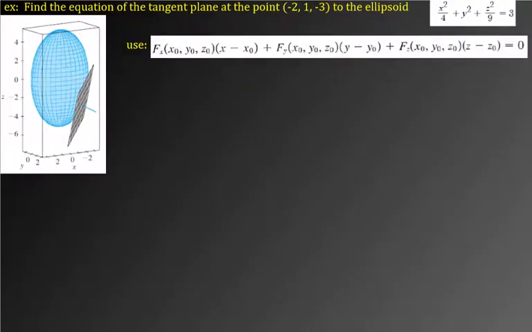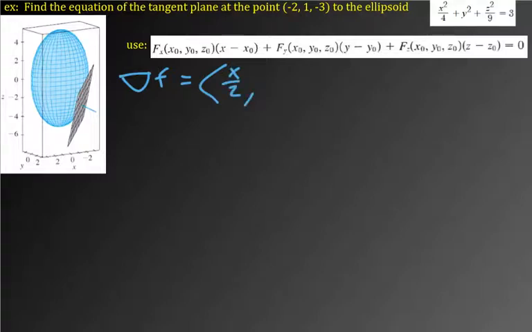So I want to show you how this works. If we wanted to find the equation of the tangent plane at that point to the ellipsoid that's shown right here, we can just use this. So we can find the gradient, and this is a level surface, so we can do this. The gradient is going to be 2x over 4, but the 2 and the 4 will cancel and you get x over 2.